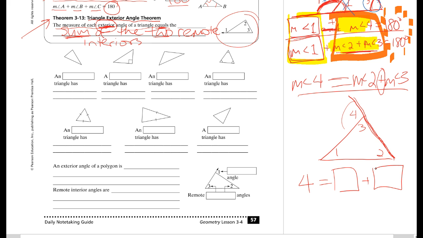Well, the interior angles are 1, 2, and 3. Which one am I not going to use? I'm not going to use 3 because that's directly connected to 4. The word remote makes you think way far away, right? So that means angle 4 equals the sum of angle 1 plus angle 2.